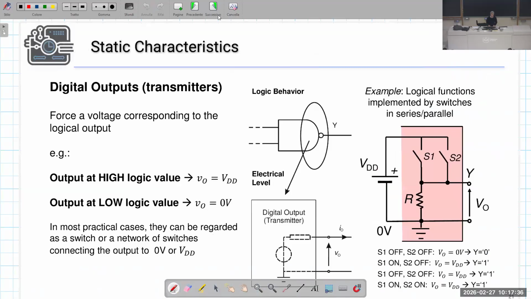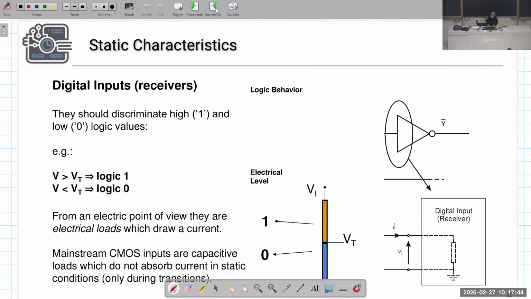So this is for what concerns the outputs, the digital outputs, those which force the logical level. Now let's try to define the electrical characteristics of the digital inputs, that is, which are the parameters that describe the digital input at the electrical level.